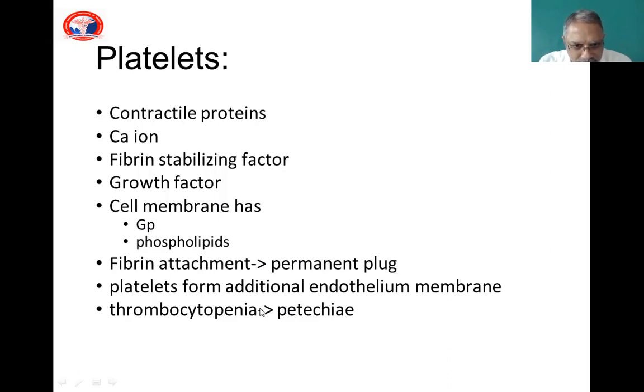When there are fewer platelets in the circulation, the normal platelet count being 1.5 lakh to 4.5 lakh, and it becomes less than 20,000 per microliter, there is bleeding under the skin and in the tissues, wherever the blood vessels and capillaries are, leading to punctate bleeds, small tiny bleeds, known as petechiae.